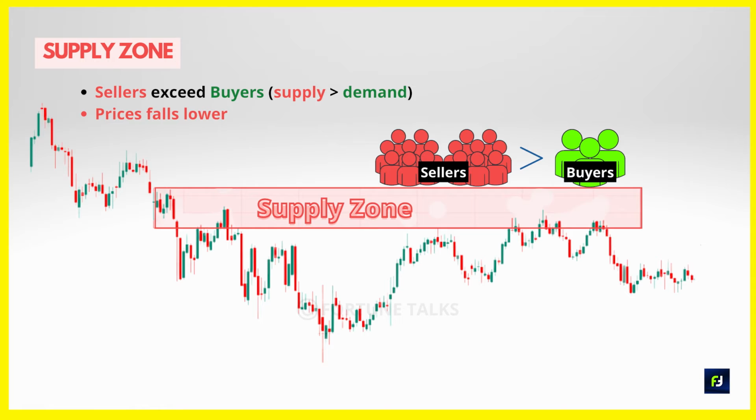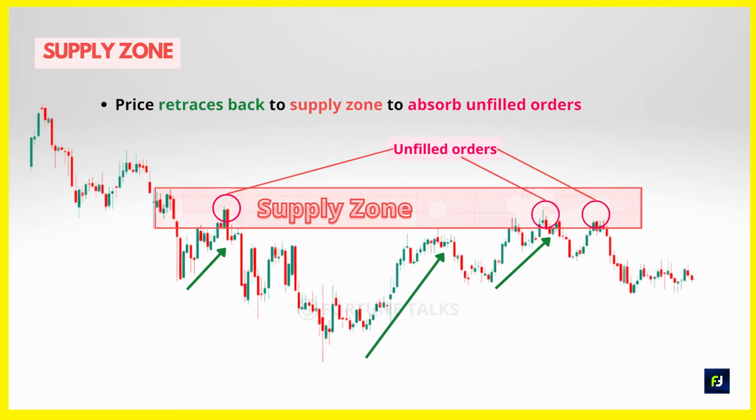So when price reaches this level or zone, the orders get filled and the prices start to move down. And traders are usually selling at these supply zones. As you can see on the chart, the price rallies to a certain level or a zone, then it pauses for a little time and then retraces back down. So as long as unfilled orders are sitting in this zone, prices will keep coming back to this supply zone until all these orders are filled.